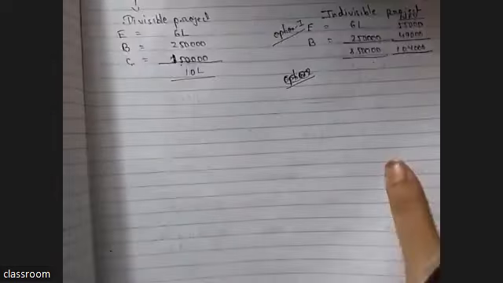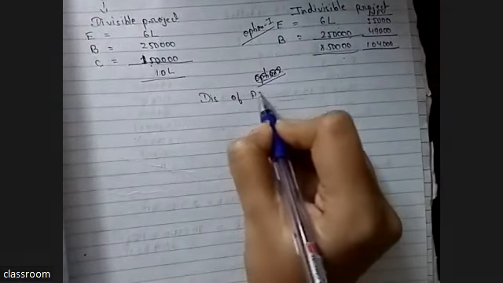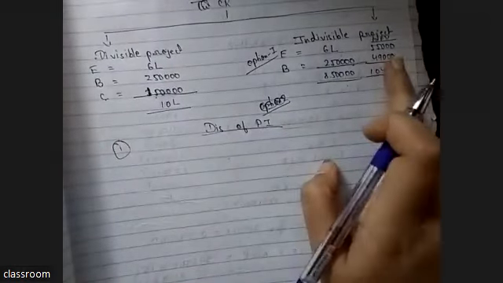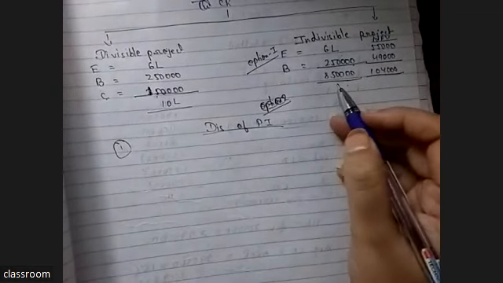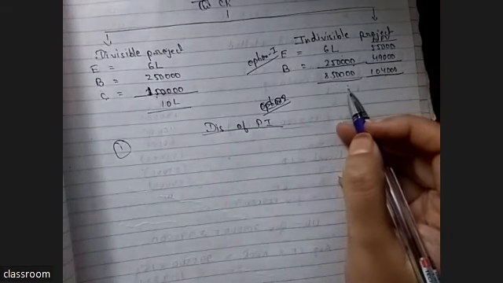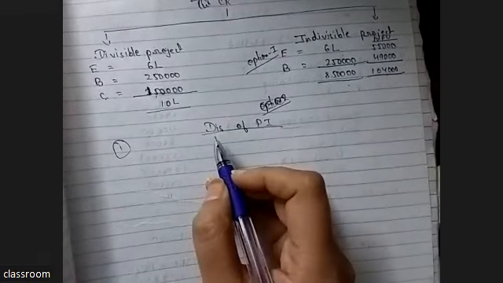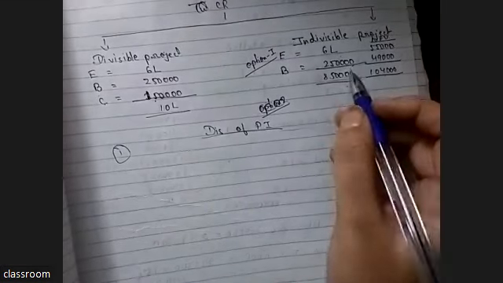But if anyone asks you what the disadvantage of PI is, PI fails as a guide in the case of indivisible projects because we can't use our full resource. We have wasted our 1,50,000 resource in this case. So PI is not a good guide in the case of indivisible projects. If I had told you this line earlier, you would not have understood it, but I think this time you have understood.